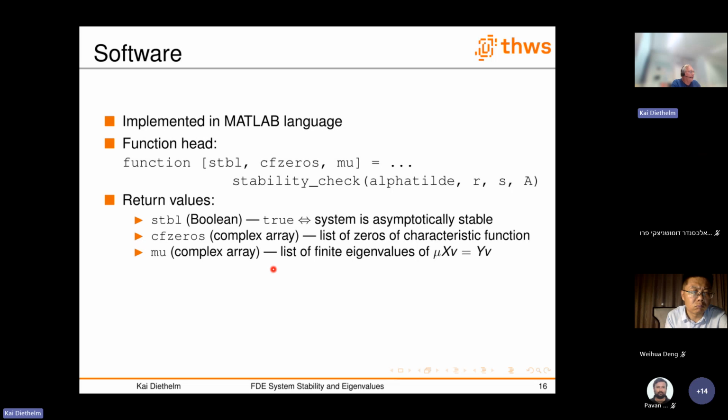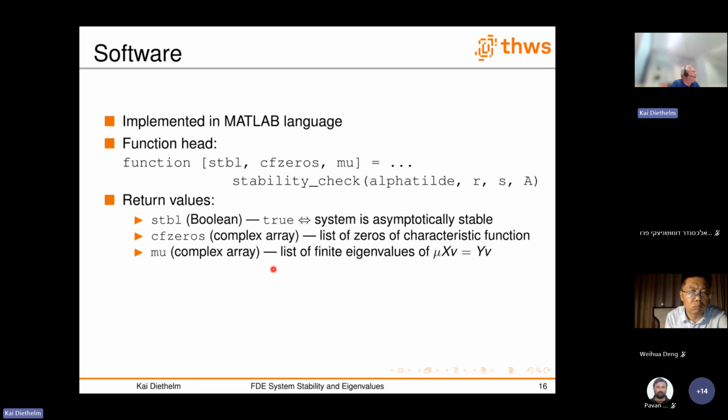CF zeros is an array of complex numbers which correspond to the zeros of the characteristic function. So that gives you more detailed information, not just whether all zeros are in the left or in the right half of the complex plane, but also the exact location of those zeros of the characteristic function.